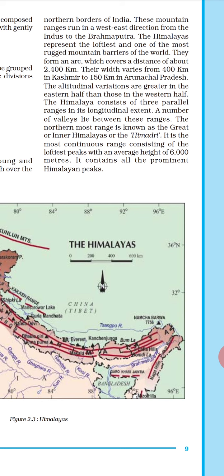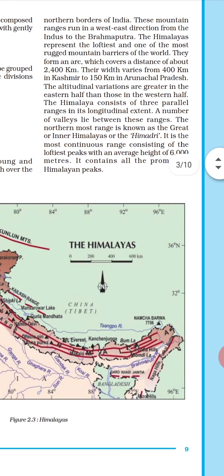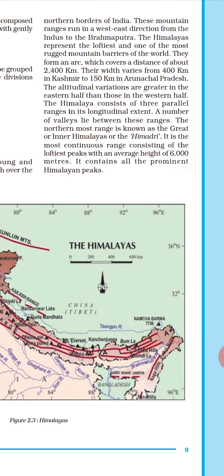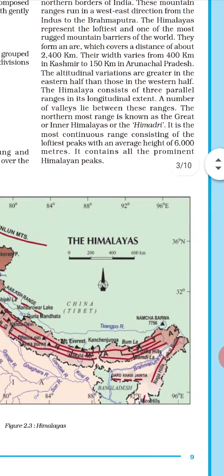The altitudinal variations, meaning height variations, are greater in the eastern half than in the western half. Means in the eastern half the Himalayas are higher than the western half, and that's why you must remember the world's highest mountain peak, Mount Everest.